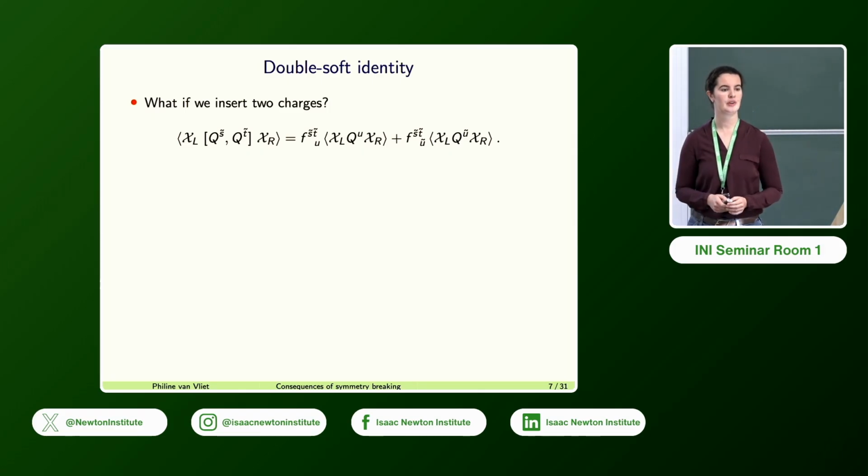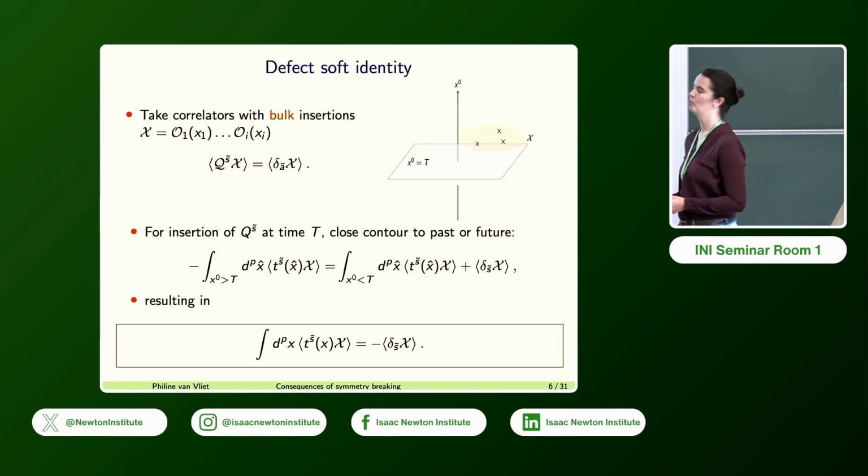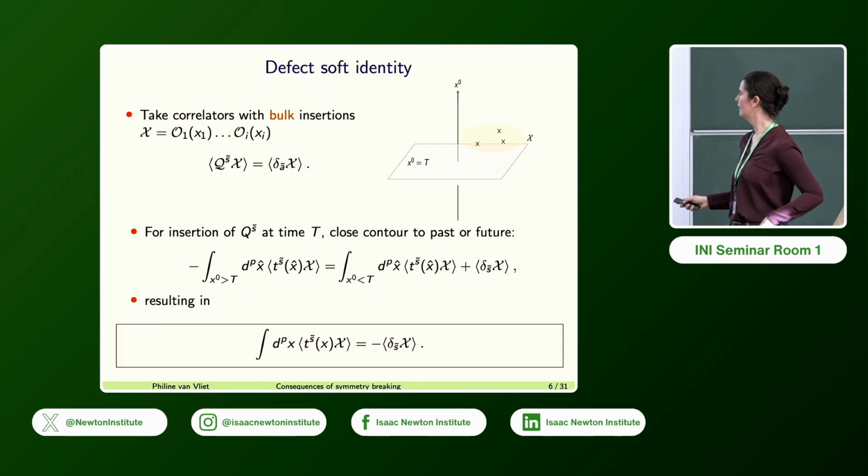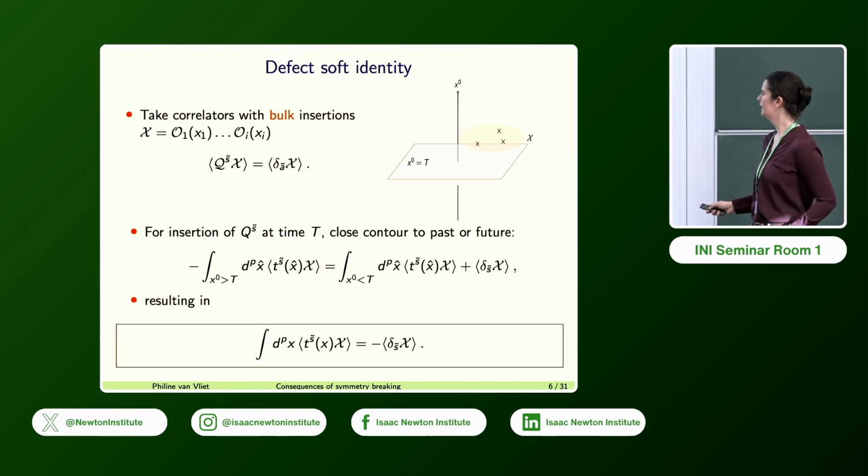Yes? In the previous slide, can you also read it the other way around? If you have a protected operator, let's say the tilt, and you integrate, can you guess what is the conserved charge that this corresponds to? You have the integral of the expectation value of the tilt with this bunch of operators equal to the charge acting on these operators.